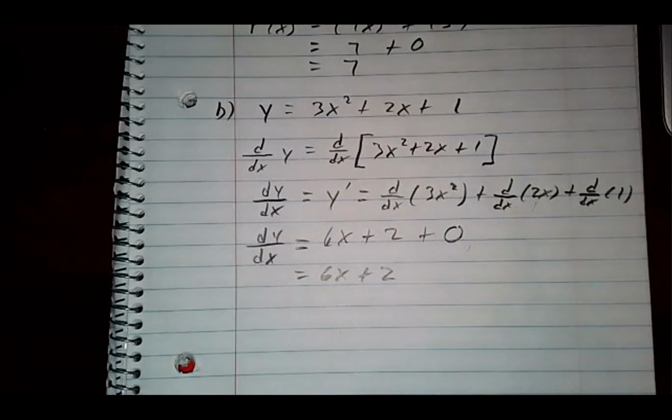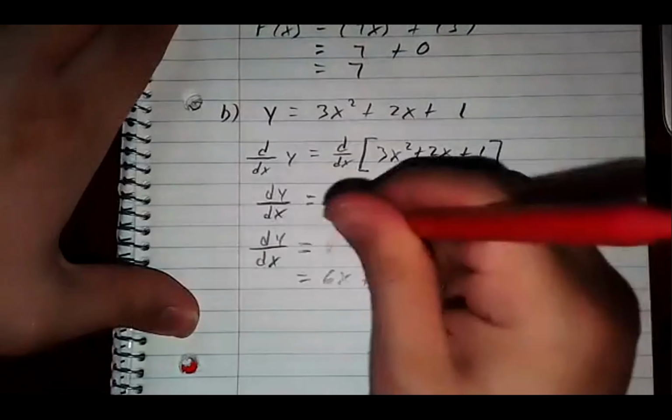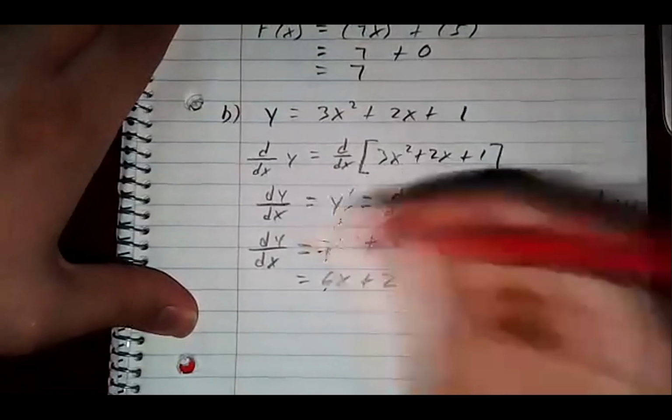Also the roots. So, where did you get the 6x from? I don't know. Oh, I didn't show the step. You bring the 2 down, right? And then you multiply by 3. Okay.